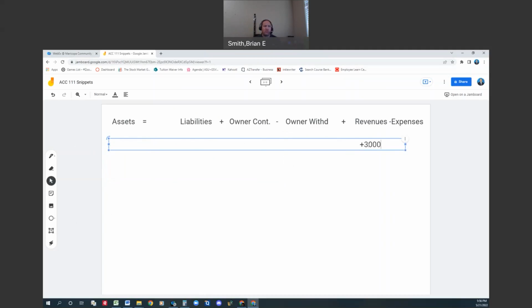We're going to see a $3,000 increase in the revenue section. And then we're going to see an increase of $3,000 in the cash asset side. So that's how we're going to see it impact. Our revenues are going up, and so are our assets. They're both going up. So we're equal: $3,000 asset equals $3,000 revenue. So we're still in balance.